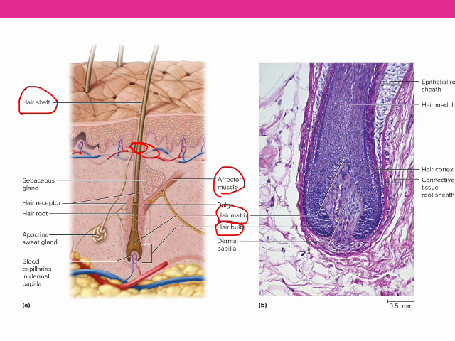This is the hair follicle. On the right side is a micrographic image of the hair. So once again, this is the hair bulb, and right there you see the hair matrix. This is where new cells are being made, and this is the hair follicle tube right here.